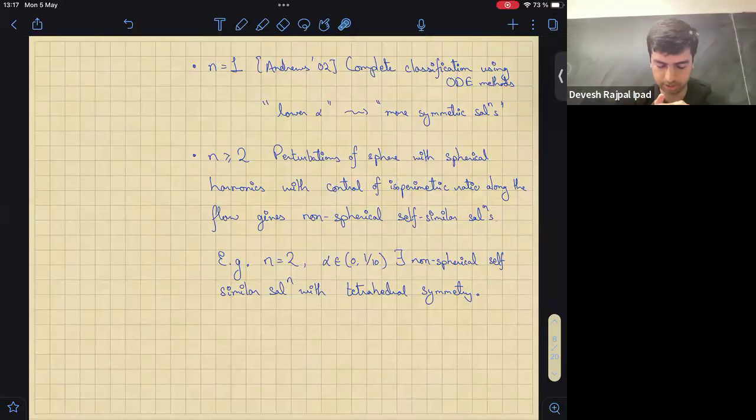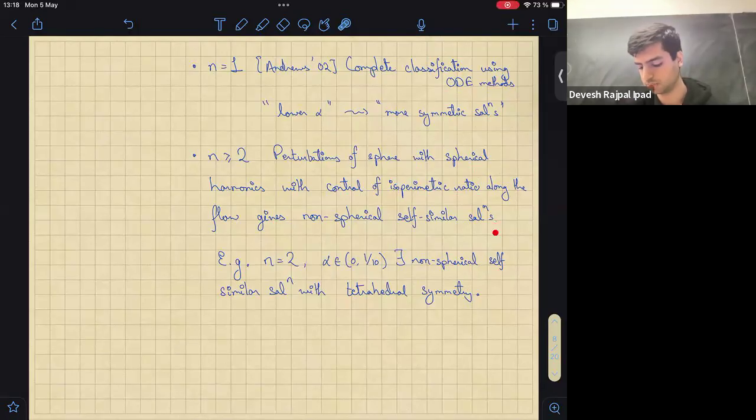Let's say we are linearizing the volume-preserving flow. We can look at its eigenvalues and construct unstable perturbations out of it. And if we can also manage to do those unstable perturbations such that the new flow has control of the isoperimetric ratio, we can guarantee convergence to solutions which are not spheres.